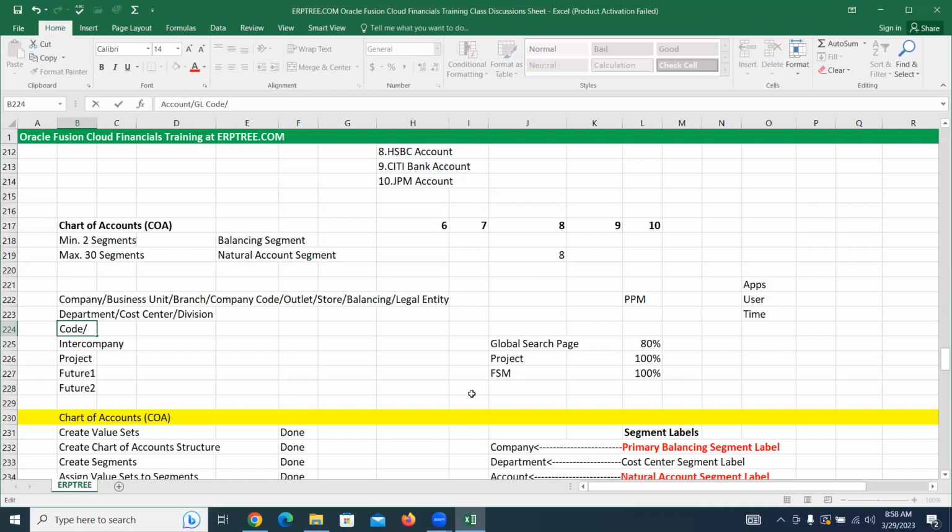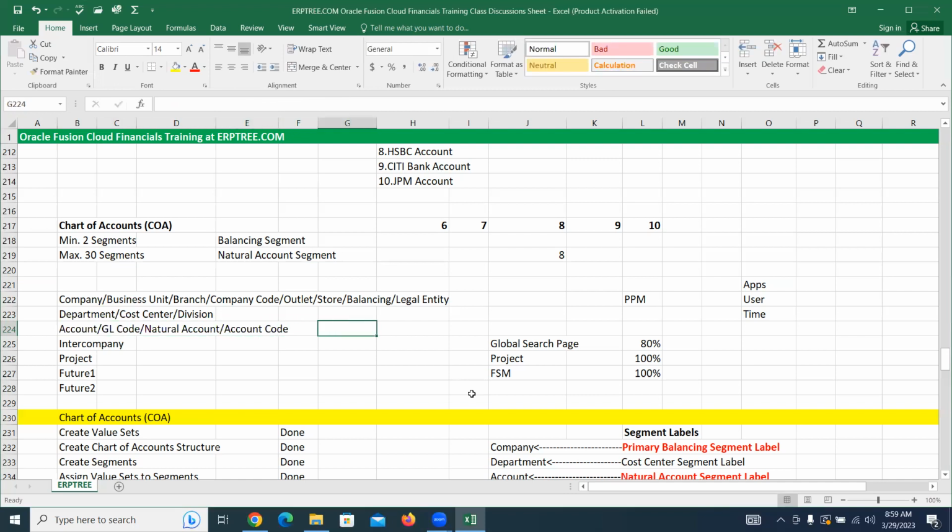Since the segment is the natural account segment, they call it natural account. Some clients I have seen, we give the name as account code. So these are the different naming conventions they prefer to have.